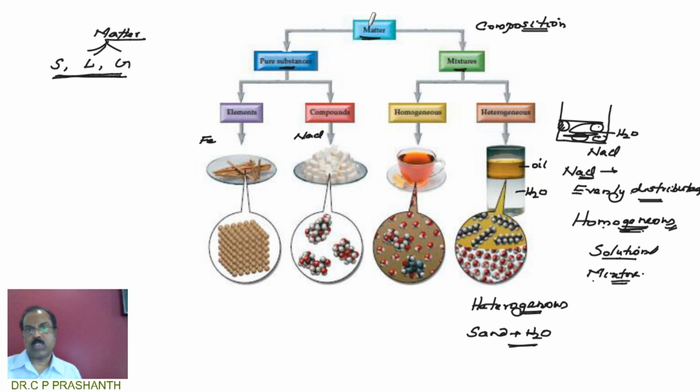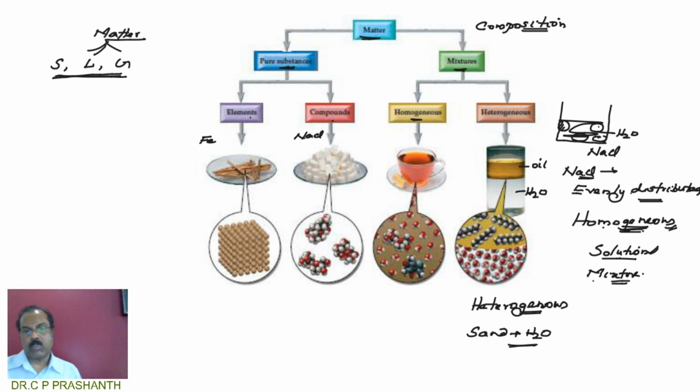So see the classification once again. Matter on the basis of composition can be classified into pure substances and mixtures. Under pure substances we have elements and compounds. Under mixtures we have homogeneous and heterogeneous mixtures. When the mixture is homogeneous, we call it a solution.